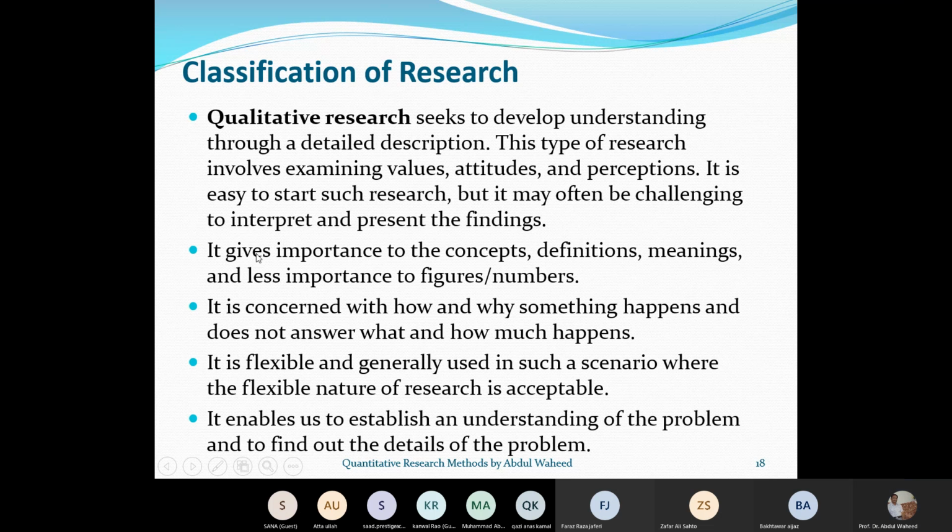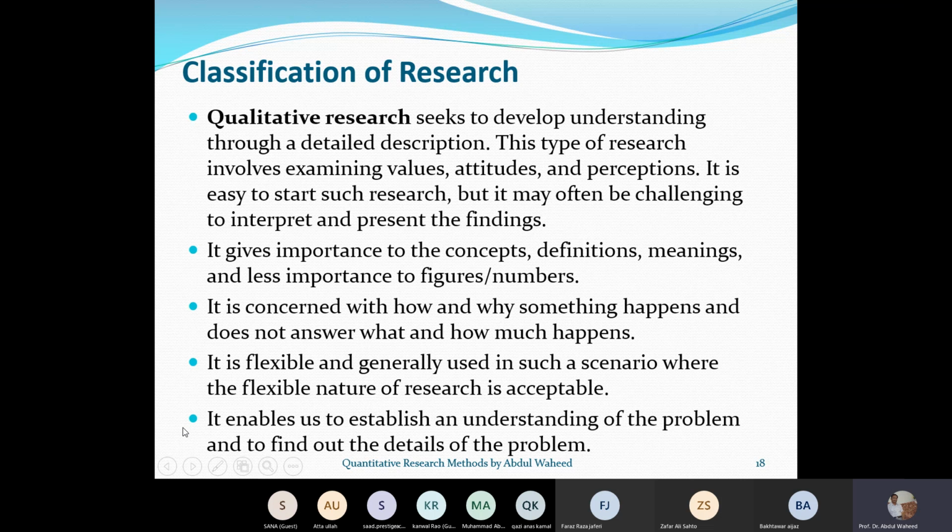Qualitative research is concerned with how and why something happened. So it does not answer what and how much happened. So we cannot quantify. We can just say how and why. And it is flexible, generally used in scenarios where the flexible nature of research is acceptable.